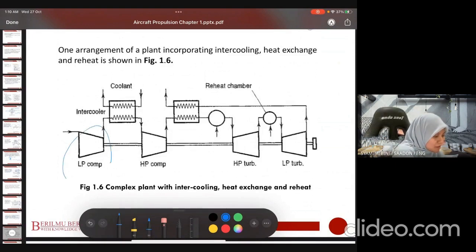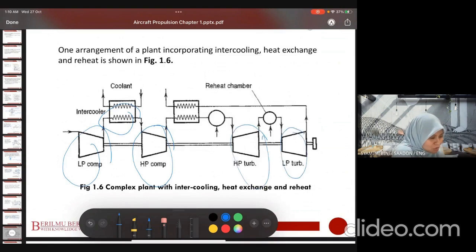So you have a low pressure compressor, you have an intercooler, you have a high pressure compressor, and then we have a high pressure turbine, low pressure turbine, and two heaters or combustion chambers. Okay, and another heat exchanger here, so it's very complicated. So we can apply this one, no problem, if we have enough cost, and if weight is not our major factor.